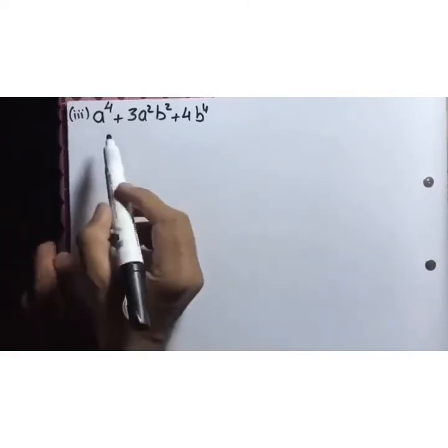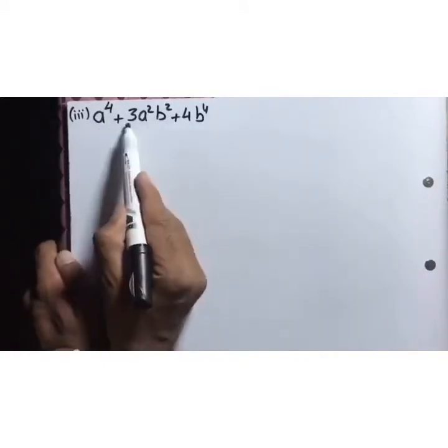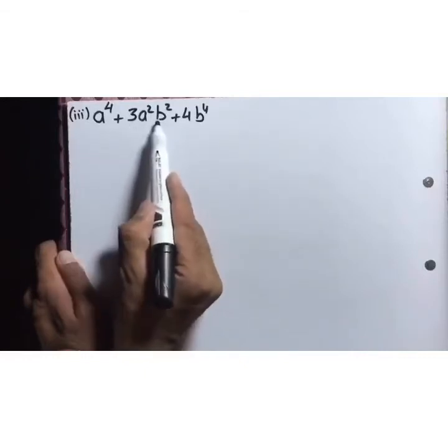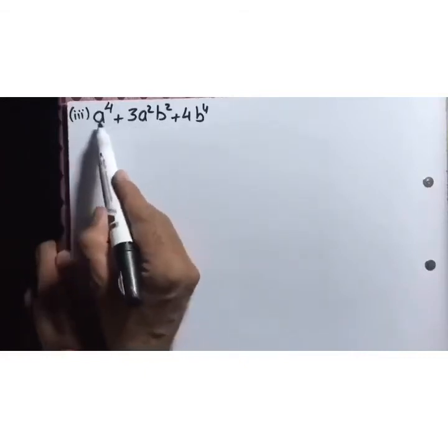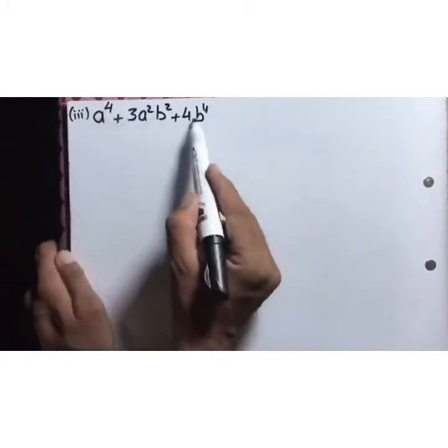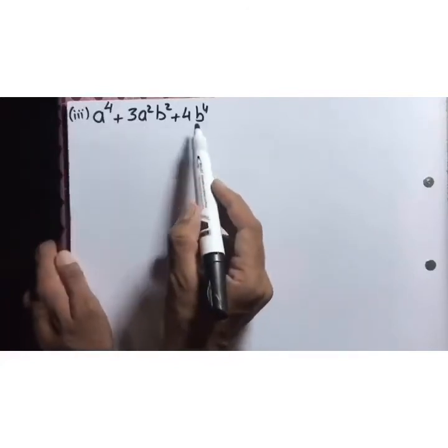In this you can see there are 3 terms, and 3a square b square is not a perfect square of any number. So first of all we arrange the question and we write a raised to power 4 and 4b raised to power 4 together, because these are becoming perfect squares.